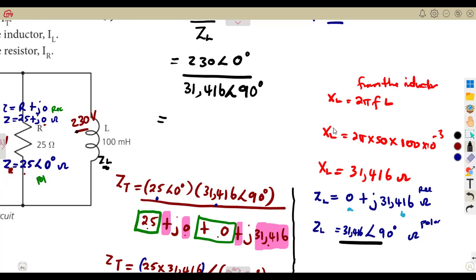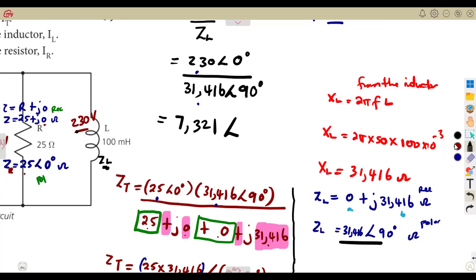So that is it. We can divide just like what we had before, the numbers on their own, meaning the 230 and the 31,416. If you were to divide this properly, guys, you're going to obtain 7,321.